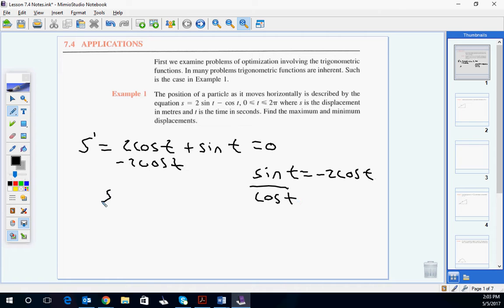What did I just create? Tan. Sine over cos is tan t. So tan t equals negative 2.